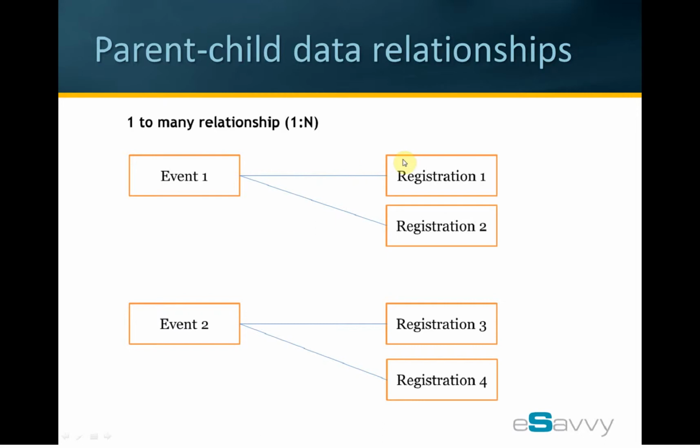We have two events and we have two registrations for each event. The relationship between event and registration is one to many. Event is the parent entity, registration is the child entity.